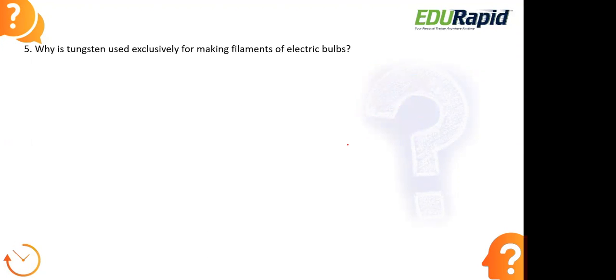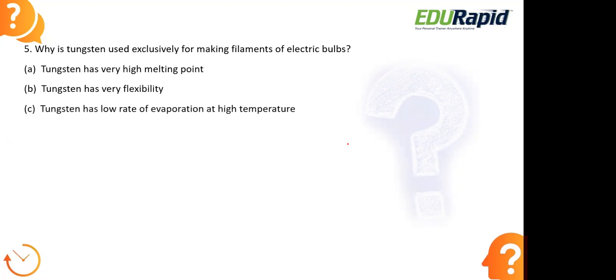Why is tungsten used exclusively for making filaments of electrical bulbs? Tungsten has a high melting point. Tungsten has flexibility. Tungsten has a low rate of evaporation at high temperature. All of the above.